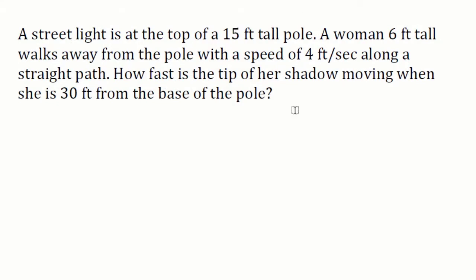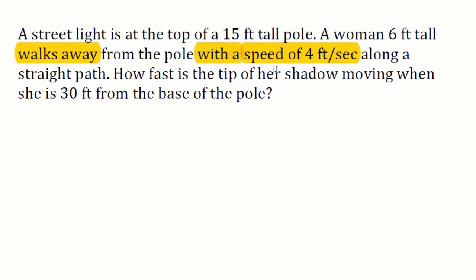We have already nailed down all of this information: the 15 feet tall pole and the woman being 6 feet tall, which we already had on the sketch. Now this next piece of information is important. The woman walks away from the pole with a speed of 4 feet per second.